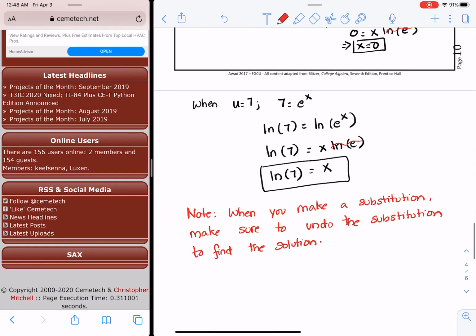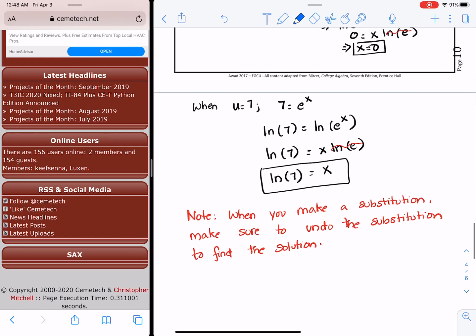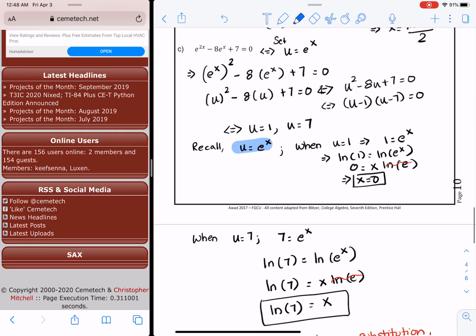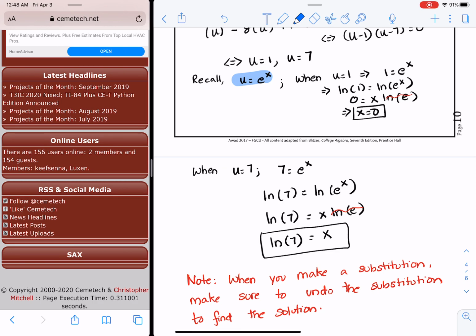The undoing part is right here. We go back to our substitution, plug in the value of u, and solve for x.